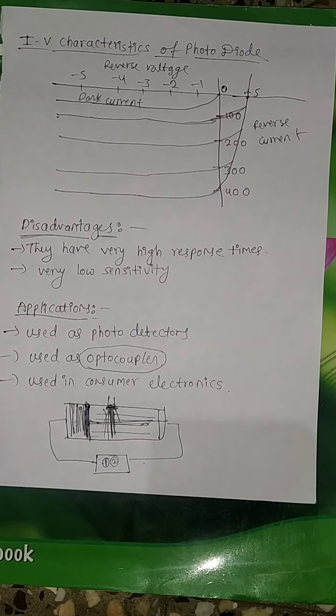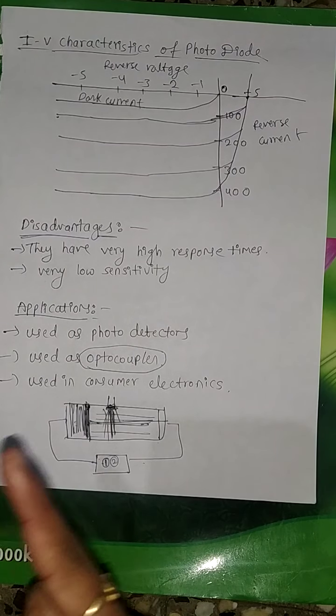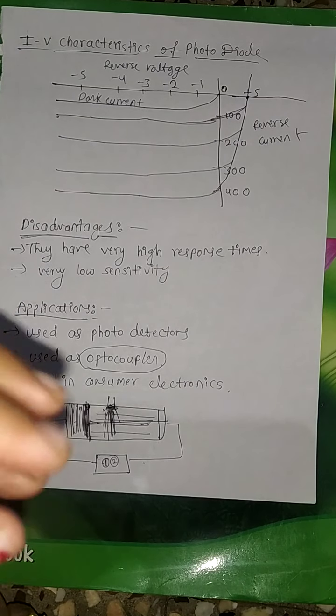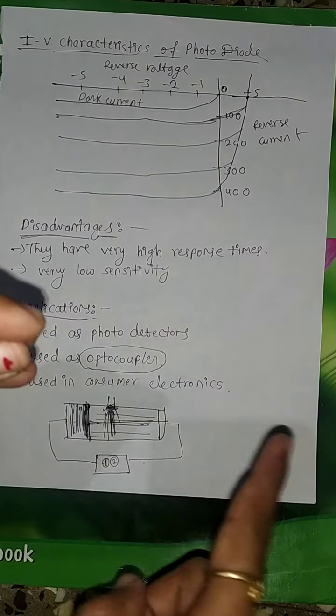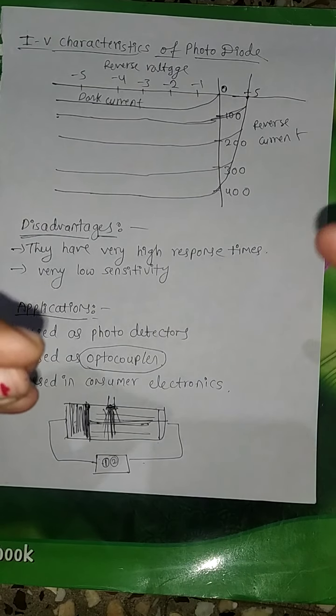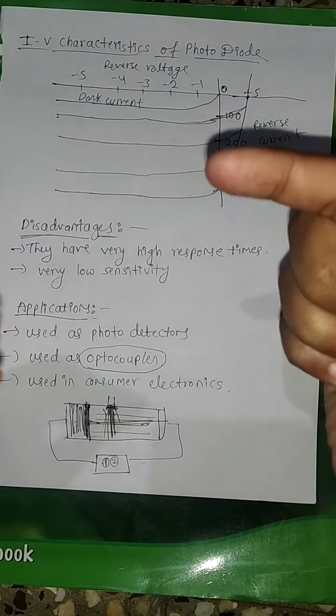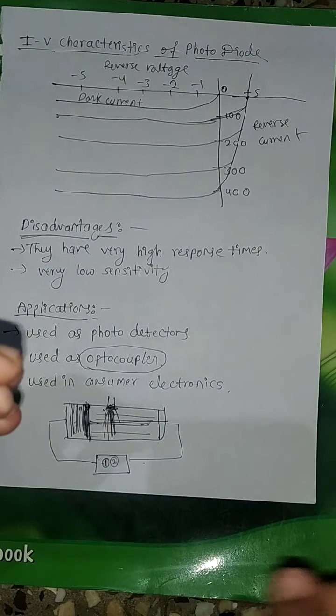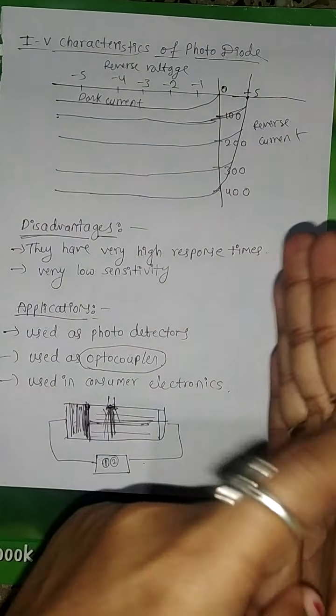Even somewhere in malls and in big industries they are using photodiodes to count how many persons are going inside the room or going outside the room. Here they produce a light, and if persons move from one place to another, the light will be obstructed and will not pass to the other place.